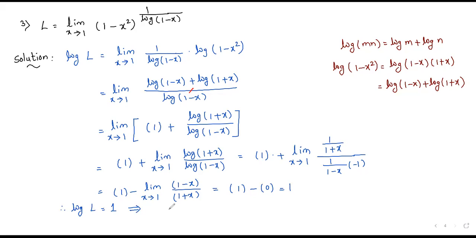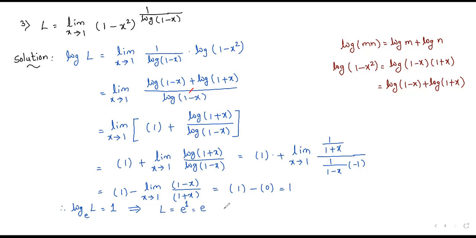So from this you can write L is equal to e to the power 1 minus 0, it is what, 1, is it right? Okay, so e to the power 1, which is nothing but e, right?